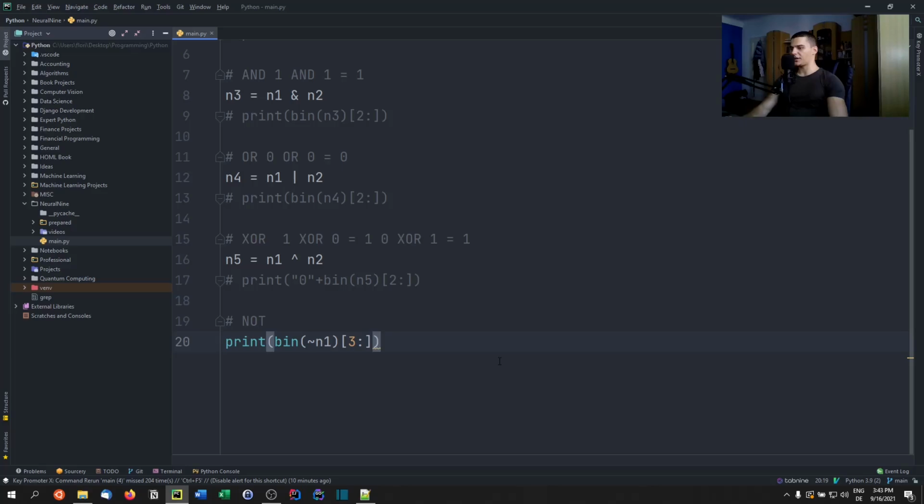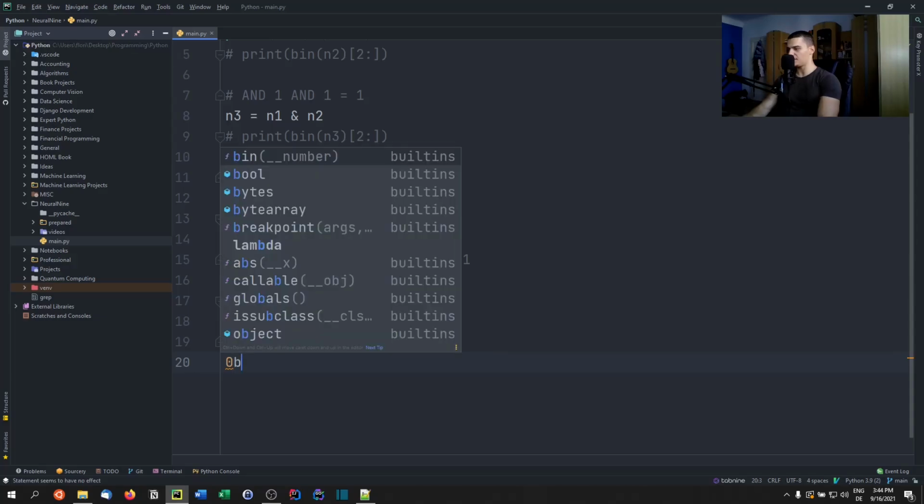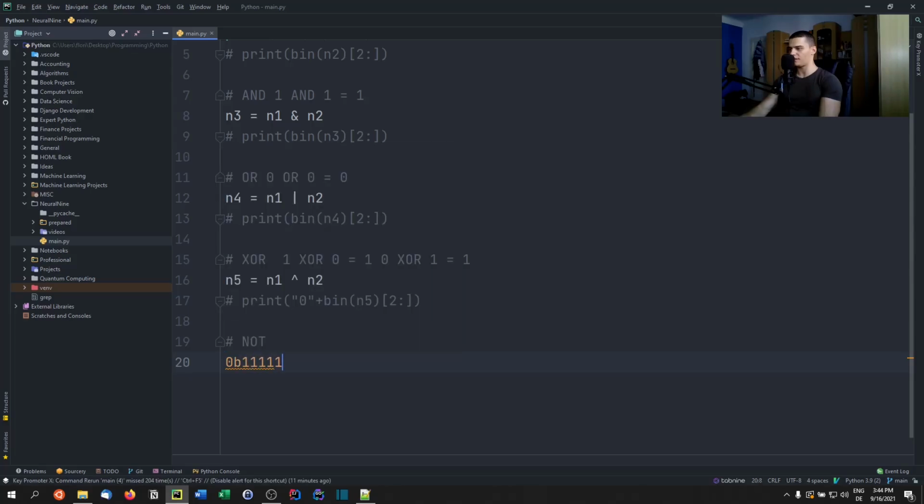Because of that, we can do it ourselves. So if I know, for example, that my number is going to have 16 bits or whatever amount of bits, I can go ahead and say 0b, which is just an indication that I'm going to now write a binary number in Python, and then 16 ones, minus whatever number we have.